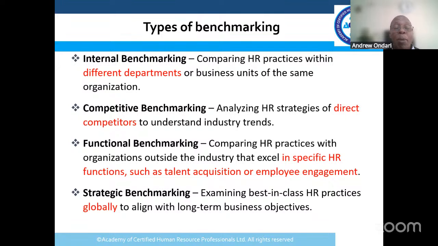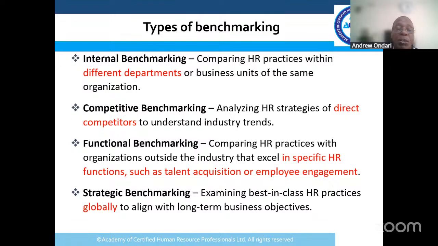How does it compare with others in the industry? 2, recruitment and selection. What are the practices to attract and retain talent? 3 is performance management. What are other organizations doing to manage employee performance effectively?